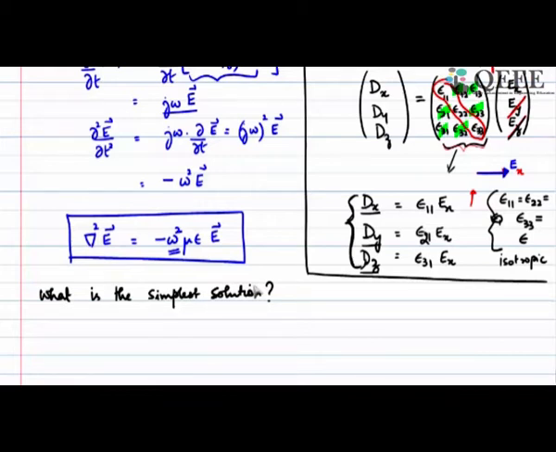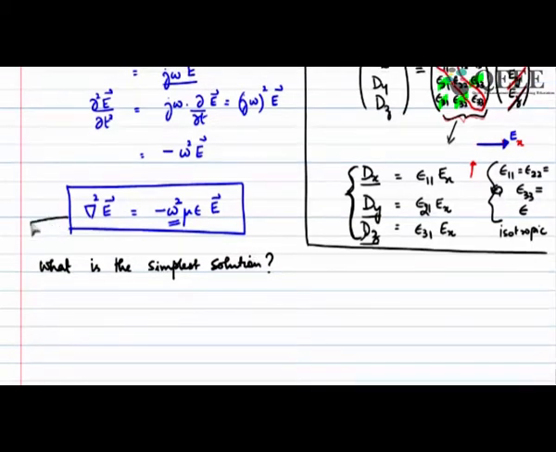I could have an infinite number of solutions for this wave equation, because there are no boundaries specified. It's unbounded media. So we are asking ourselves the question, what is the simplest solution? Now before we go to the simplest solution, let's realize that even though it's written as a single equation, it's a vector equation.